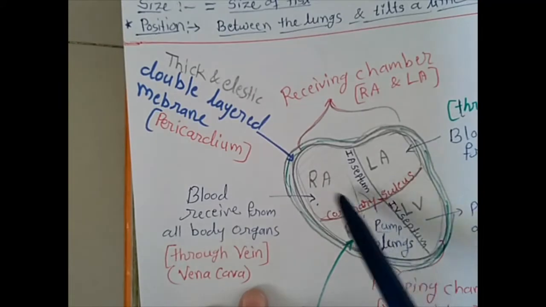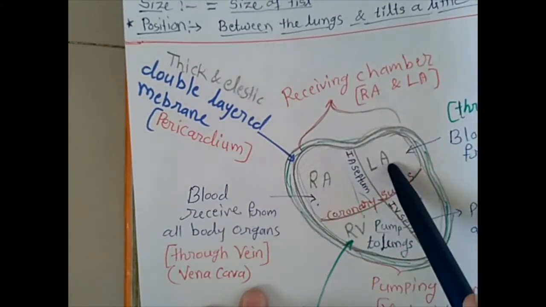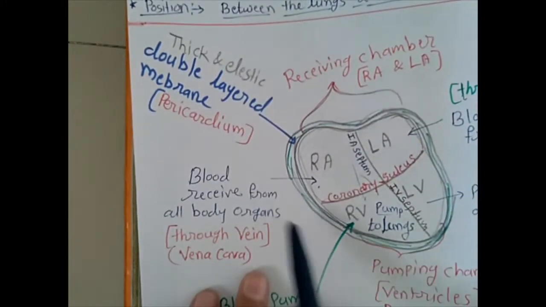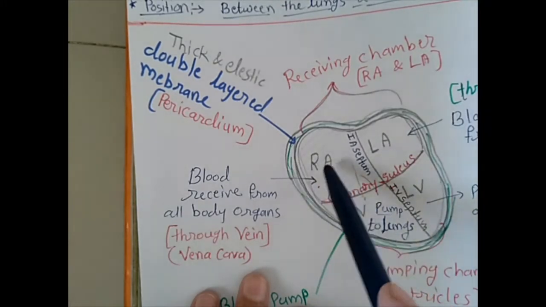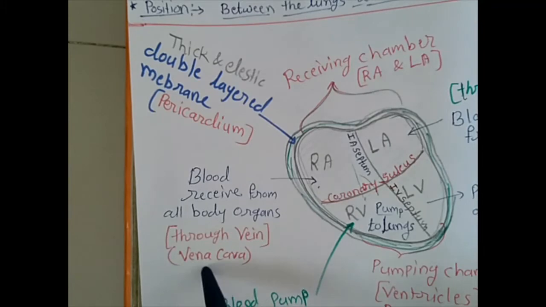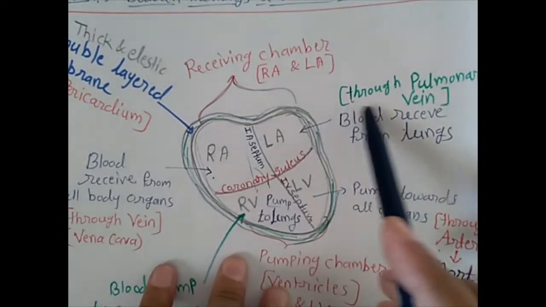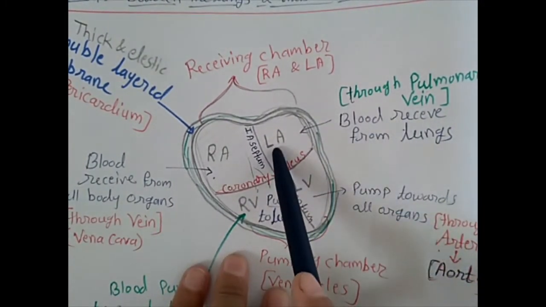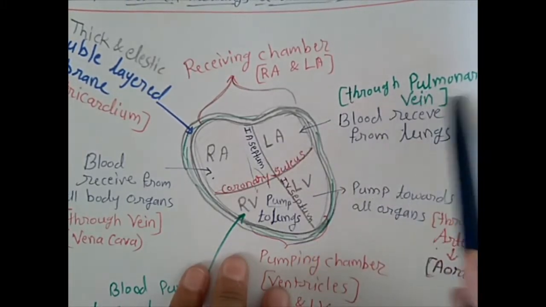Again, the auricles are divided into right auricle and left auricle. Blood is received from all body organs in the right auricle through the vena cava. Blood is received from the lung in the left auricle through the pulmonary vein.